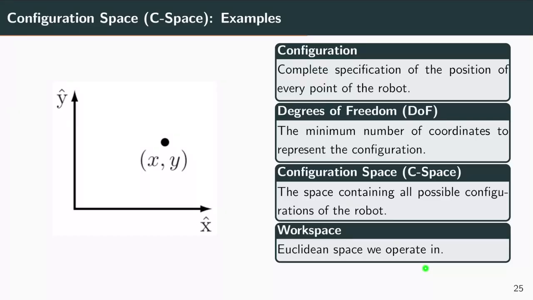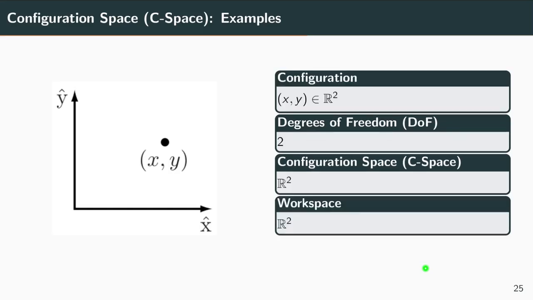Yes? Maybe the configuration would be XY. Mm-hmm. Degrees of freedom are 2 because we have 2 variables in the configuration. Yeah. And any opinion about configuration space? That would be the XY plane. Good, exactly.